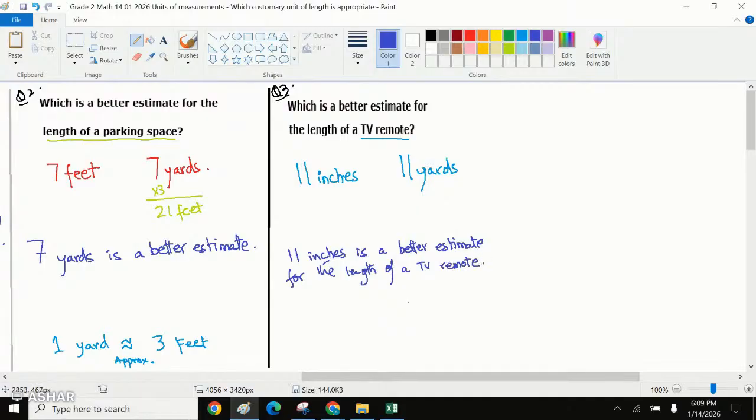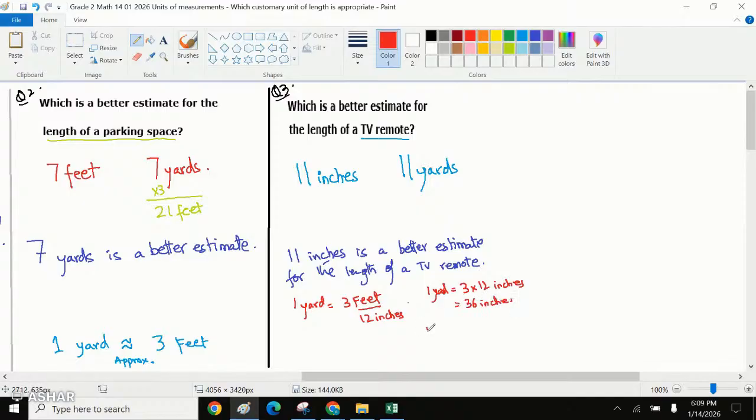Or what we can say is, we know that 1 yard is equal to 3 feet, right? And every foot is equal to 12 inches, right? So can we say 1 yard would be equal to 3 into 12 inches? Approximately. That means 36 inches, right?